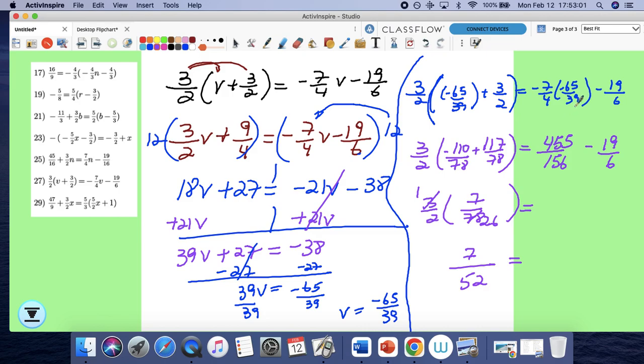So now we have to subtract these two. 455 over 156. So the LCM between 156 and 6 is actually 156. We can find an equivalent fraction to 19 over 6 in terms of 156. So 156 divided by 6 equals 26. Now multiply the top by 26.